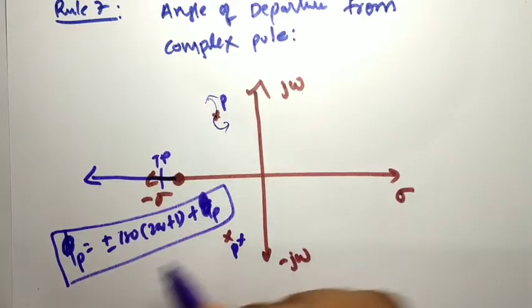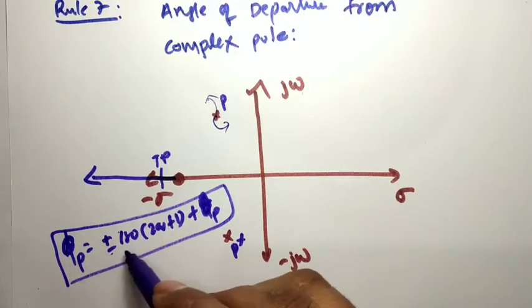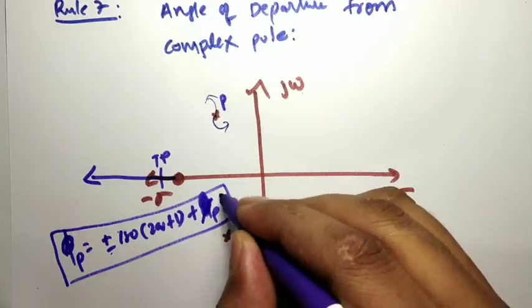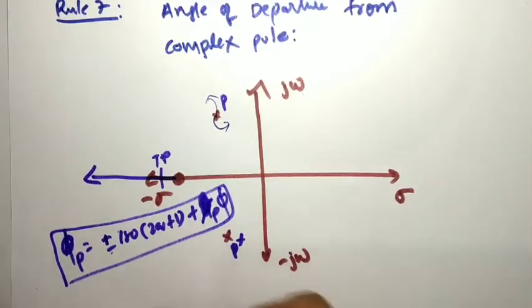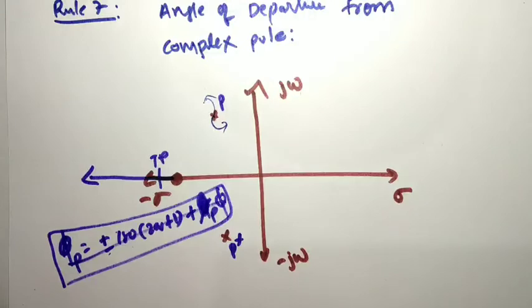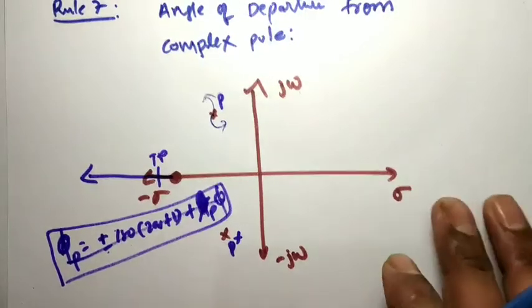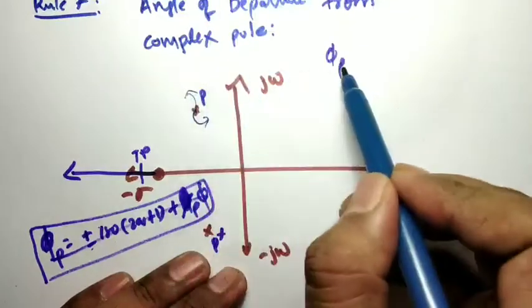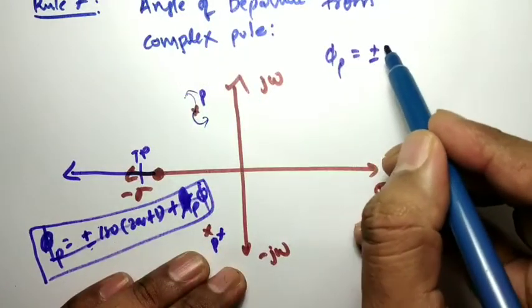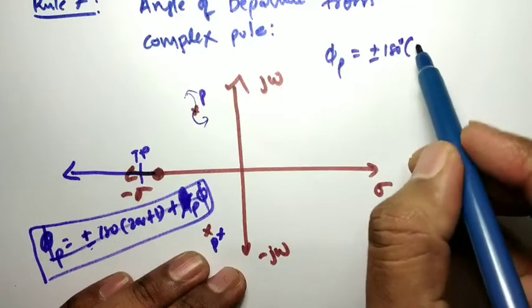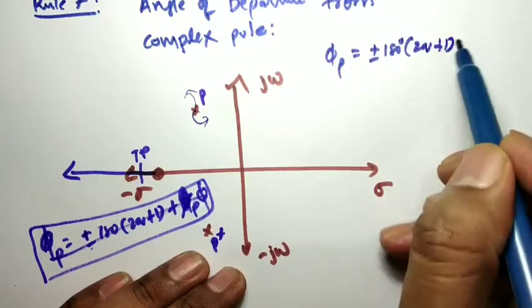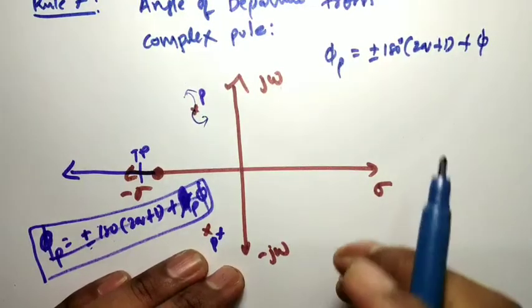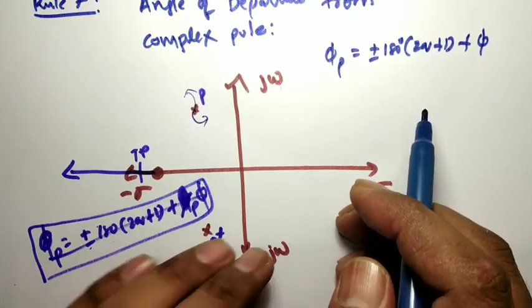So how do we find the angle of departure? Phi p, the angle of departure, is equal to plus or minus 180 degrees odd multiples, 2q plus 1, plus phi. Phi means the net angle contribution.